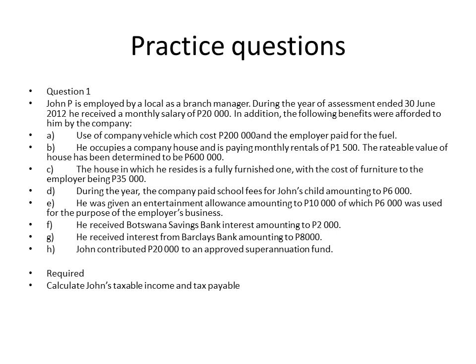The company paid school fees for John. He was also given entertainment allowance. He earned interest from Botswana Savings Bank, interest from Barclays Bank amounting to 8,000, and he contributed 20,000 to an approved superannuation fund. Therefore, the question goes, calculate John's taxable income and tax payable.